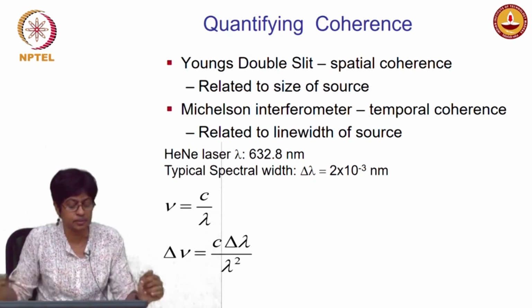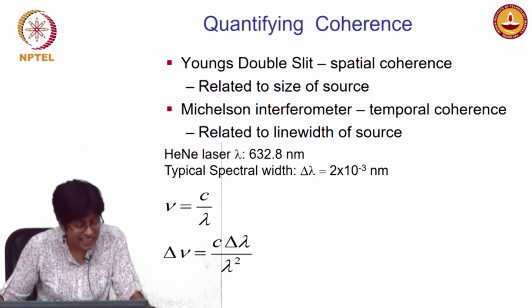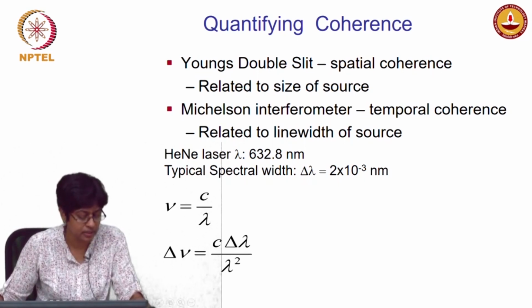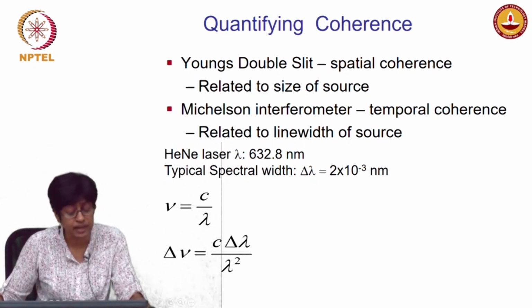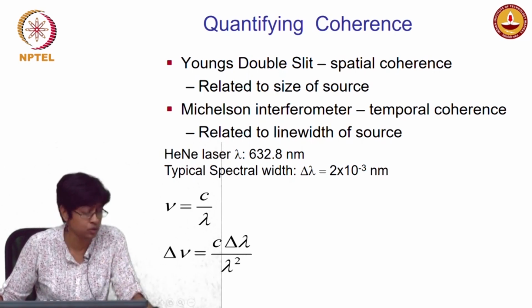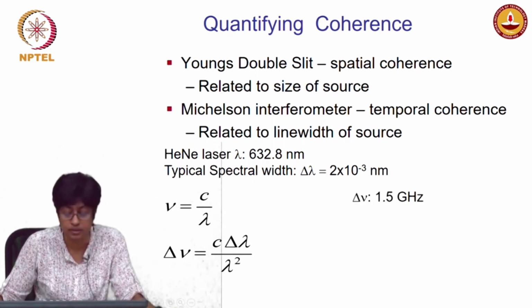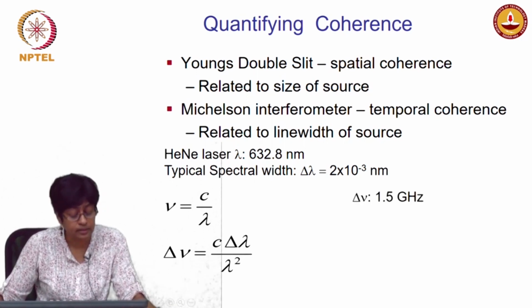So this spread delta lambda relates to the spread in frequency by this relationship. I've done nothing but a derivation of nu is equal to c by lambda. Now for lambda 632 nanometers and delta lambda on the order of 10 power minus 3 nanometers, you can calculate delta nu is 1.5 gigahertz.